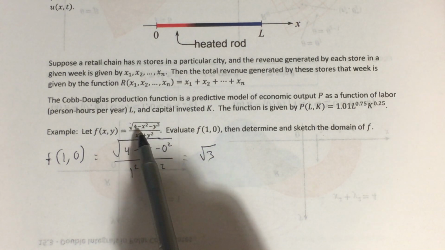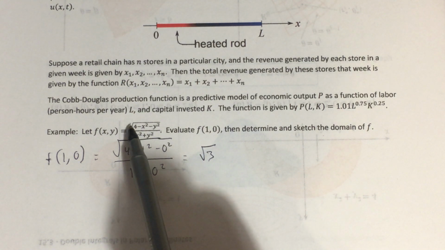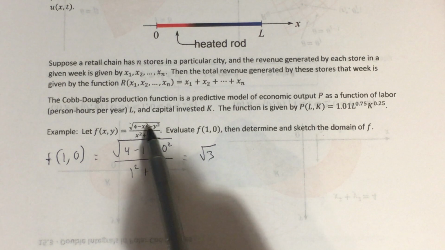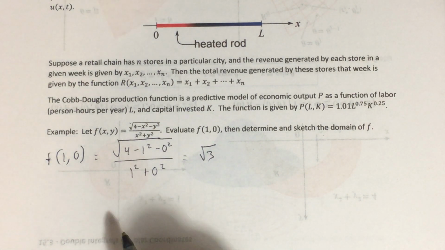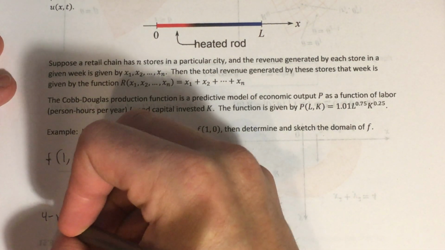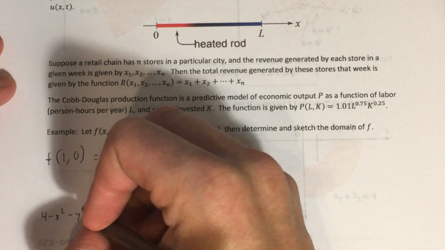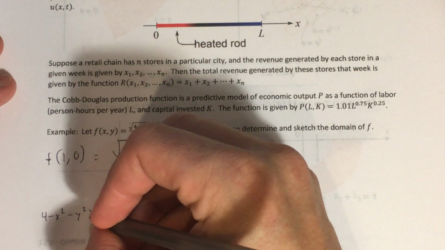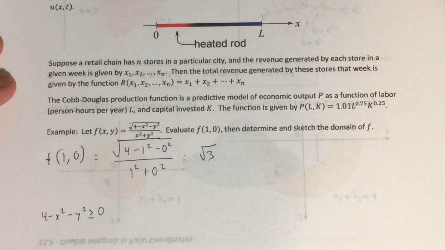And we know the radicand cannot be negative. We need 4 minus x squared minus y squared to be a non-negative number in order to take that square root. So 4 minus x squared minus y squared has to be greater than or equal to 0.